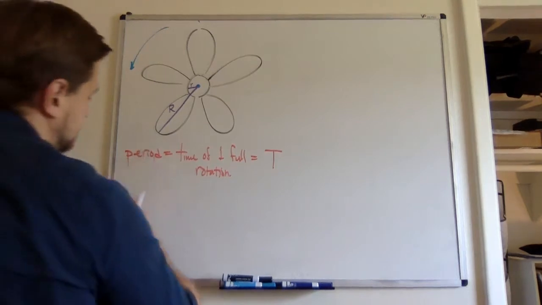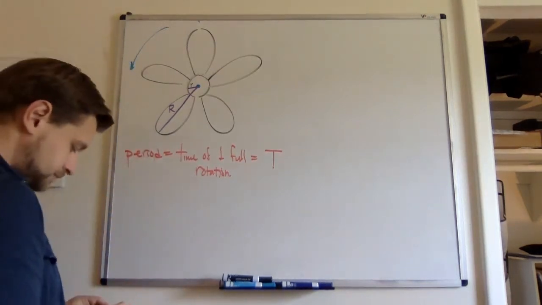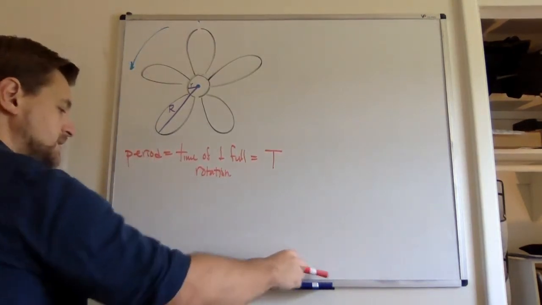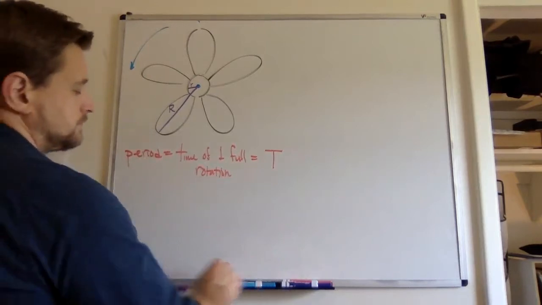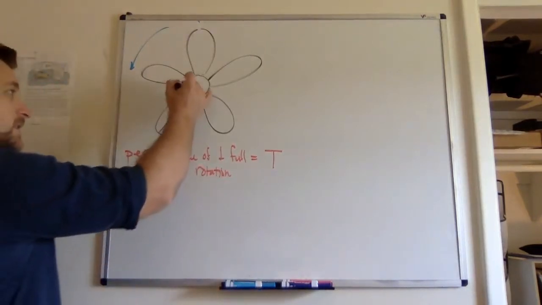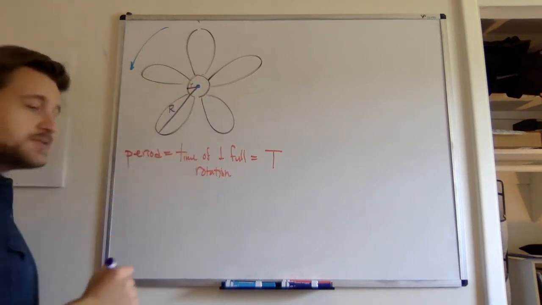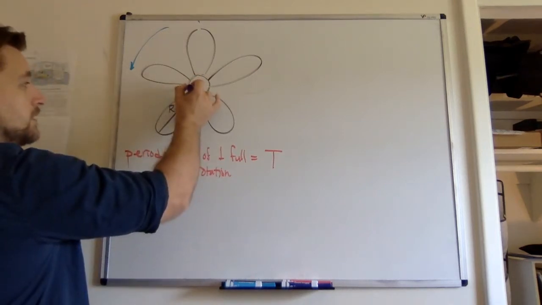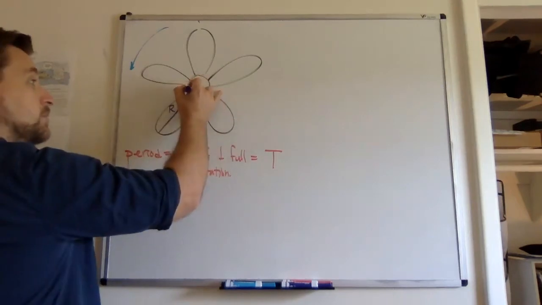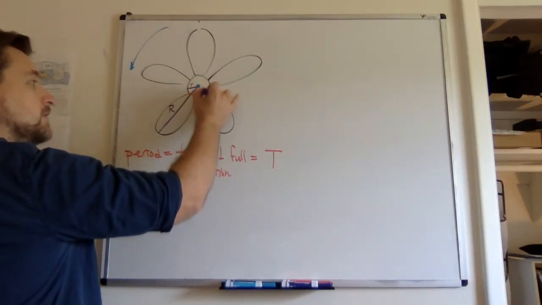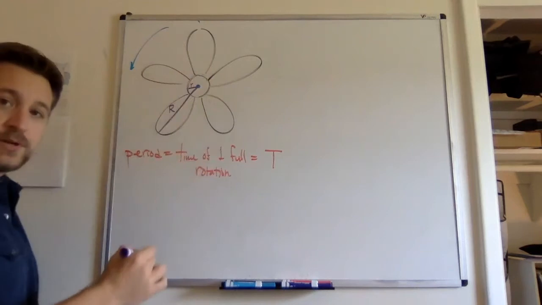In a time, capital T, this point here on the hub, right at the end of that radius that I drew, will describe a circular path. That point will move around the hub and get back to where it was.